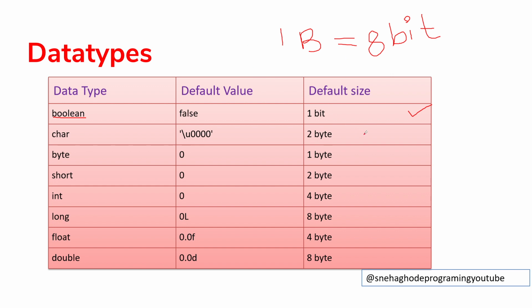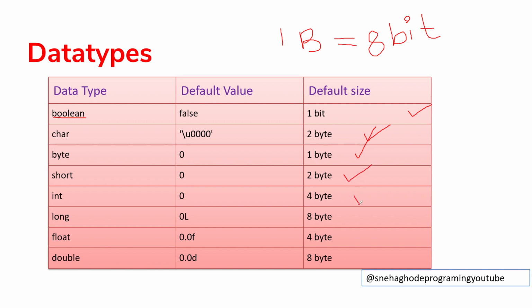The size of character is 2 bytes. Character data type is going to hold 2 bytes. Then byte: 1 byte is equal to 8 bits, and 8 bits is equal to 1 byte. Short is going to occupy 2 bytes of memory.